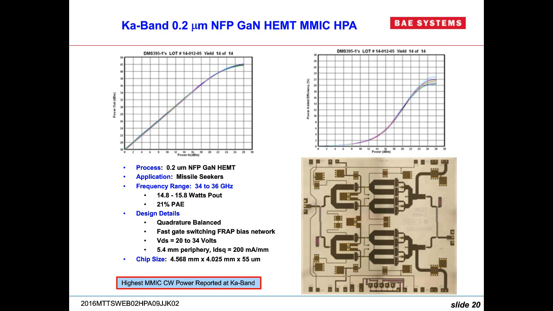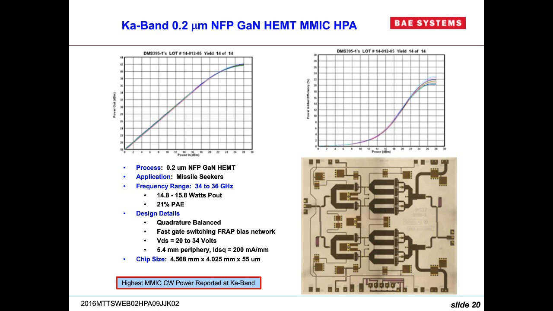To protect the innocent, I won't mention good and bad vendors, but let me say that you can have orders of magnitude difference in whatever nonlinear figure of merit or linearity figure of merit you want to use between the best GaN devices and the worst GaN devices that are out there. So really there is room for optimization.